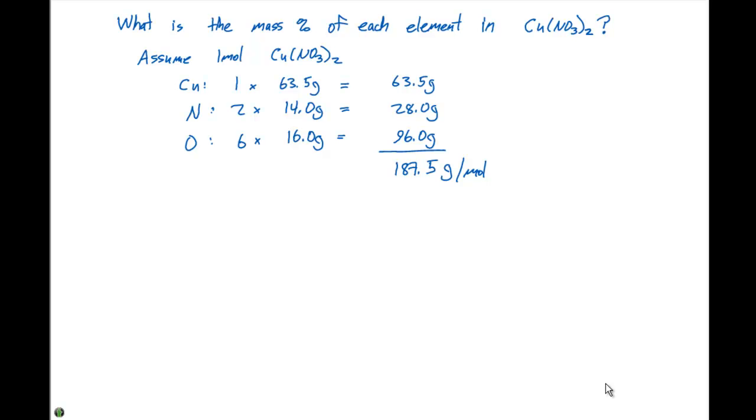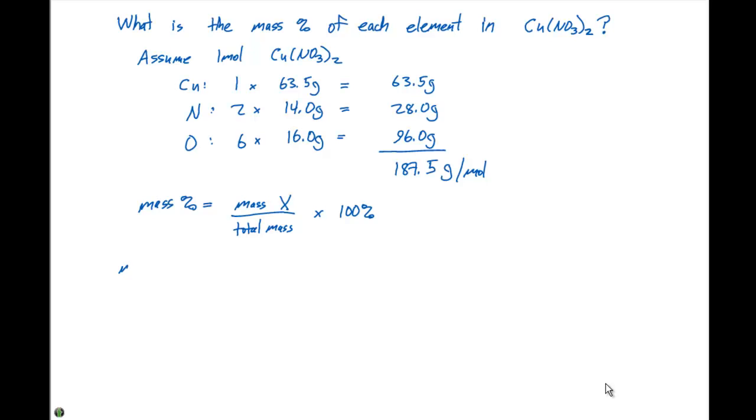So now we can use the mass percent. Our formula for mass percent is going to equal the mass of X divided by the total mass. Then we need to take this decimal and multiply by 100%.